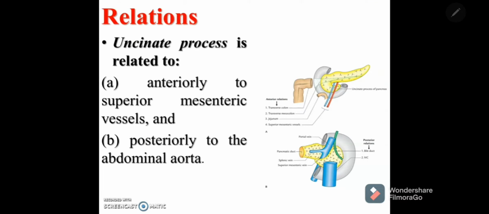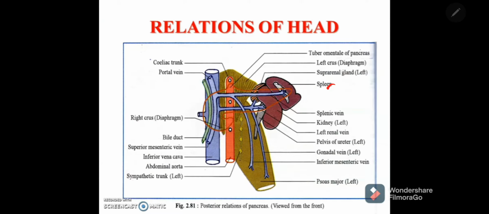And coming to the uncinate process, which is the hook-like process from the left side of the lower part of the head of the pancreas, it is related anteriorly to the superior mesenteric vessels that you can notice here. And you can see the head is related posteriorly to the inferior vena cava, common bile duct, and also to the right crus of the diaphragm and right renal vessels.